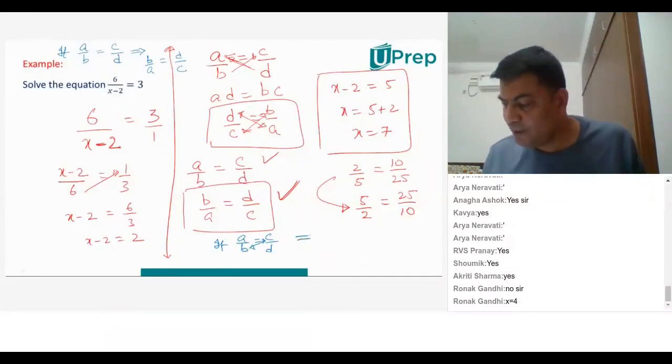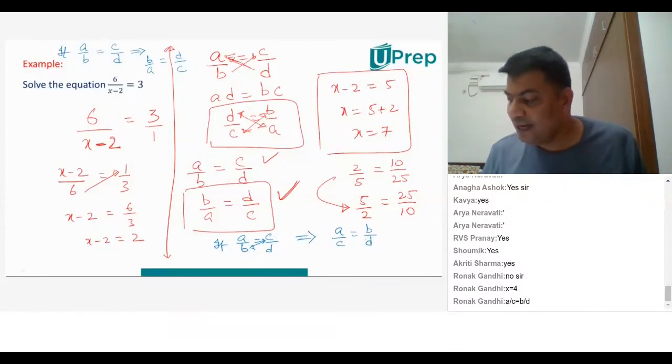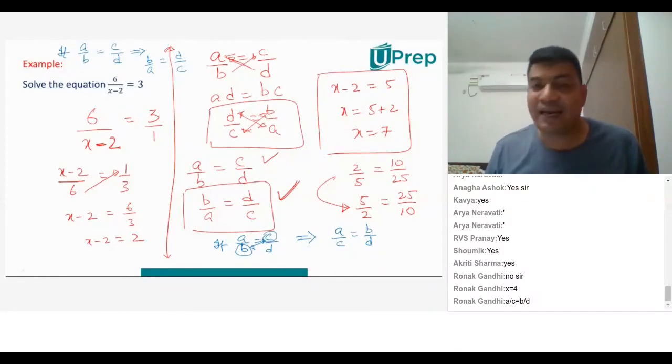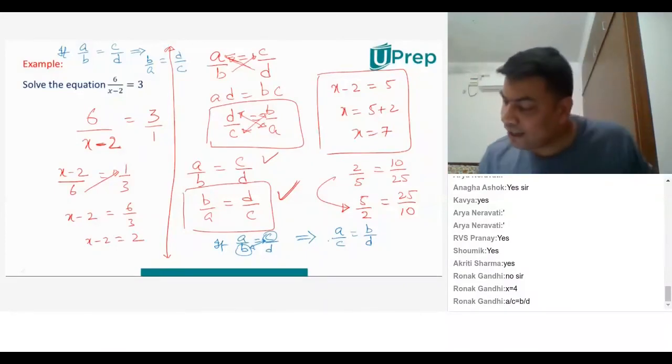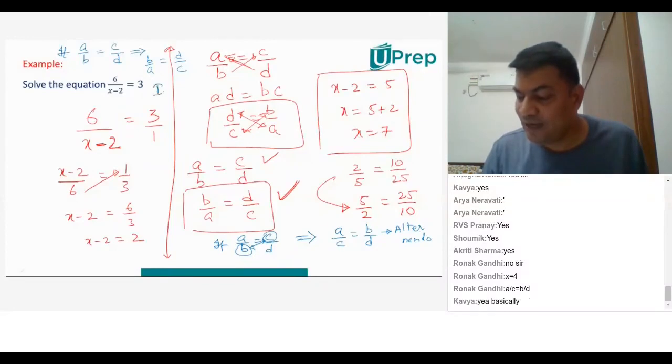So this will also imply A by C is equal to B by D. You are bringing C to this side and taking B there. When you alter B with C, it's called alternando. And this is called invertendo.